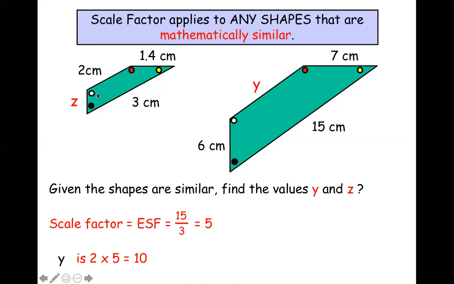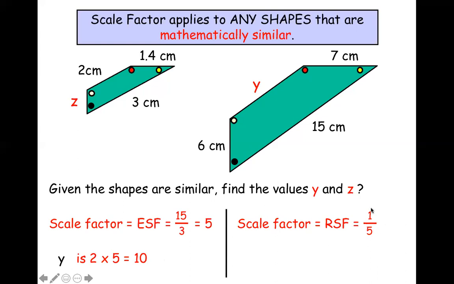Now, the reducing factor this time, we're going to call it RSF, for reducing, is the opposite of times by 5, which is dividing by 5, so 1/5. Or I could have just said 3 divided by 15 if you wanted to. It's the same thing: 1 divided by 5 is the same as 3 divided by 15.